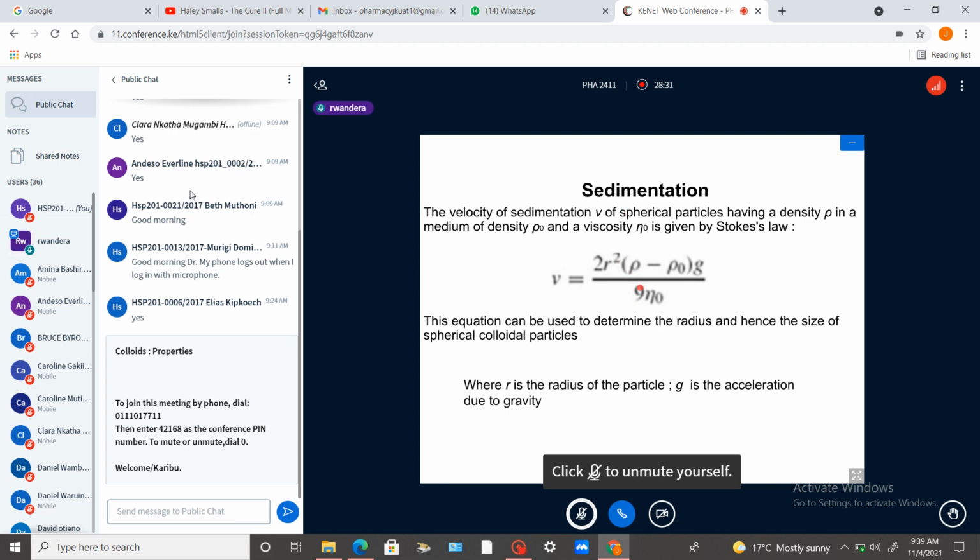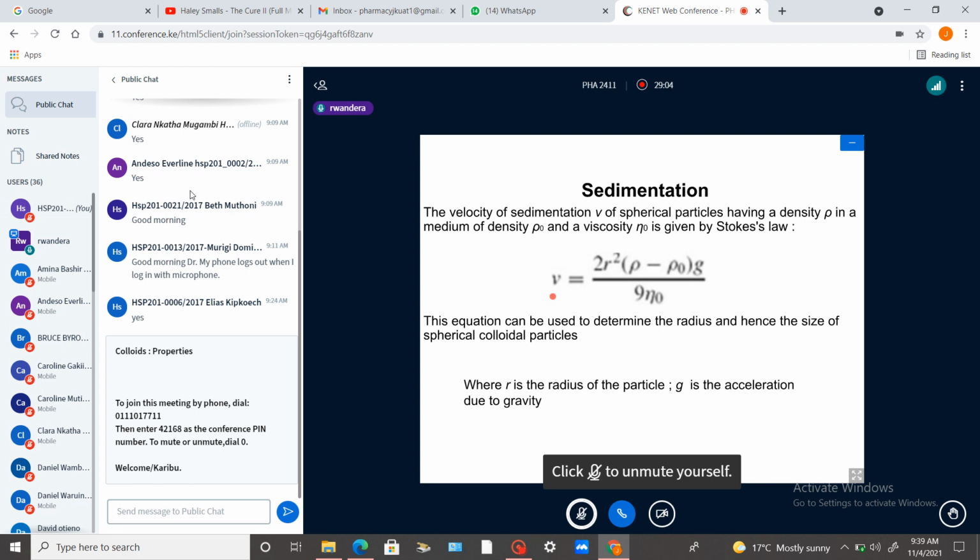So you can also use this motion of sedimentation to determine the radius and hence the particle size of your spherical colloidal particles. Remember, the densities of your colloidal particles and the medium can be determined. The viscosity also can be measured, and the acceleration due to gravity is known.